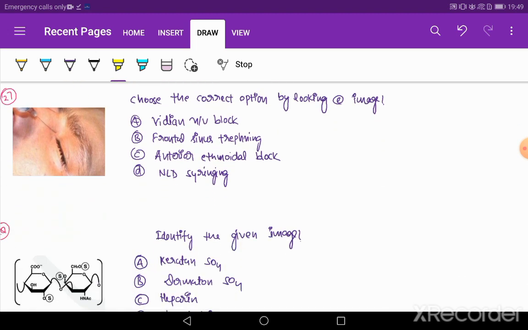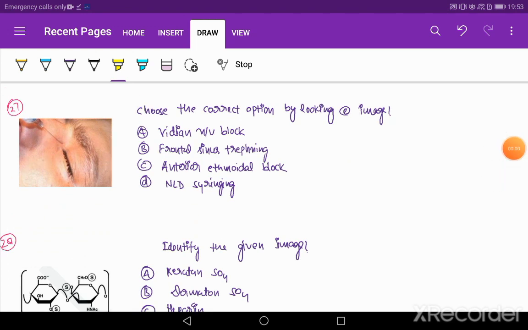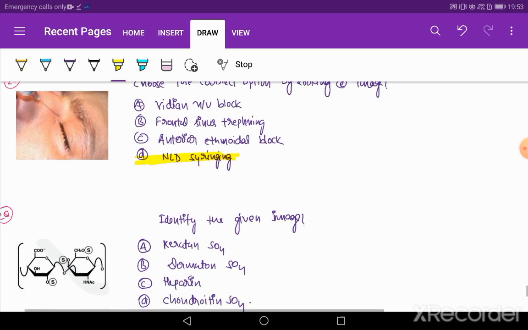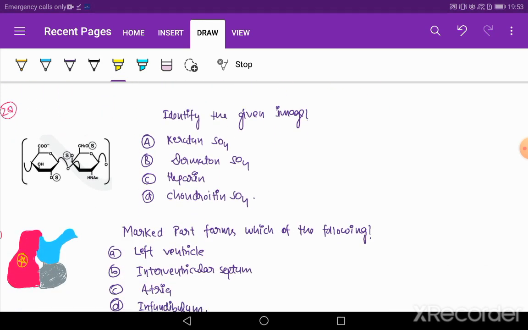Next question is to choose the correct option by looking at the image, and this is the image of nasolacrimal duct syringing. Identify the given image. This is an image of chondroitin sulfate.